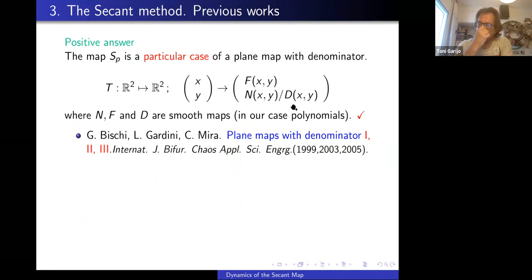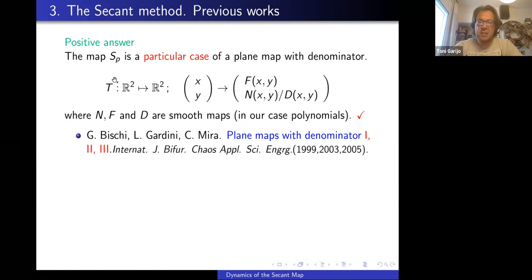Okay, the previous works on that topic: this secant map is not bijective, so we cannot use anything related to automorphisms or bijective maps in C2 or R2. But we find a series of papers of Bisky, Gardini, and Mira about plane maps with denominator, a series of 3 papers.